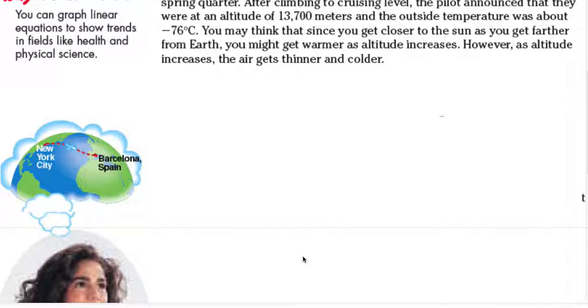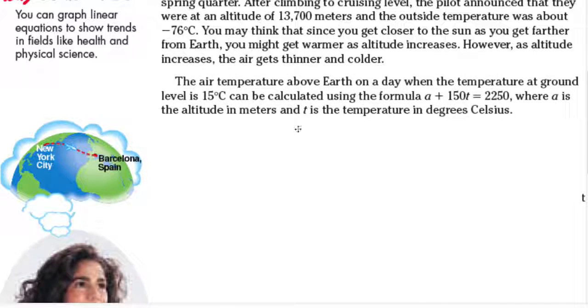So the air temperature above Earth on a day when the temperature at ground level is 15 degrees Celsius can be calculated by using the formula A plus 150T equals 2,250, where A is the altitude in meters and T is the temperature in degrees Celsius.